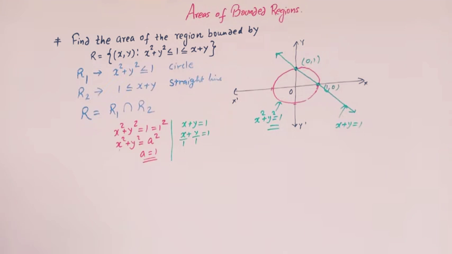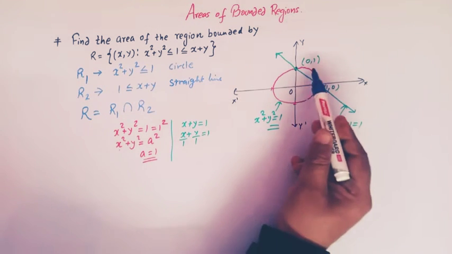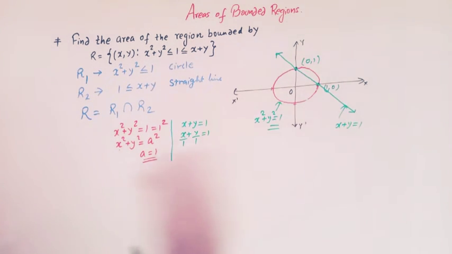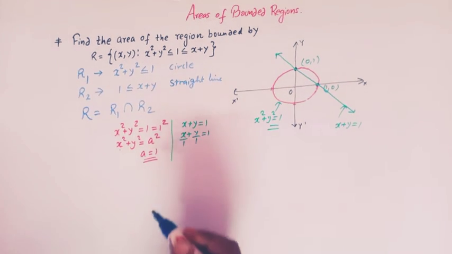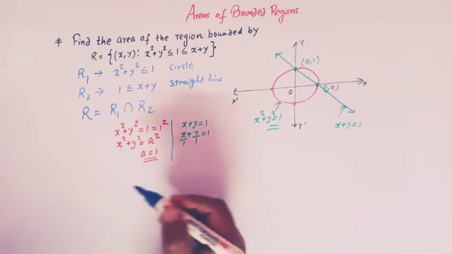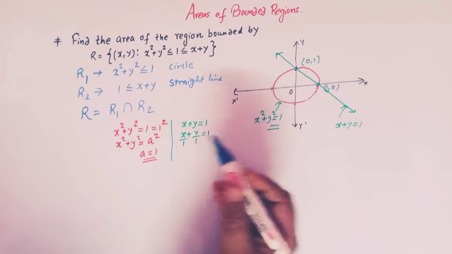Now the next step, once we have drawn this circle and the line on the coordinate plane, is to identify the region whose area is to be calculated.